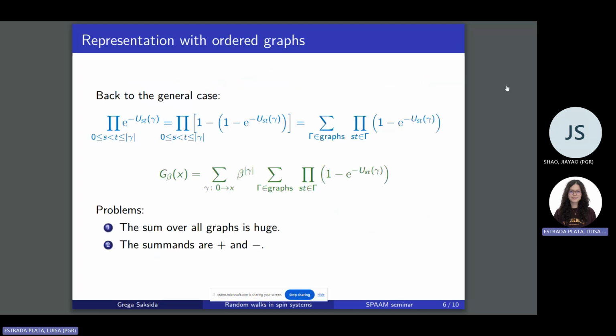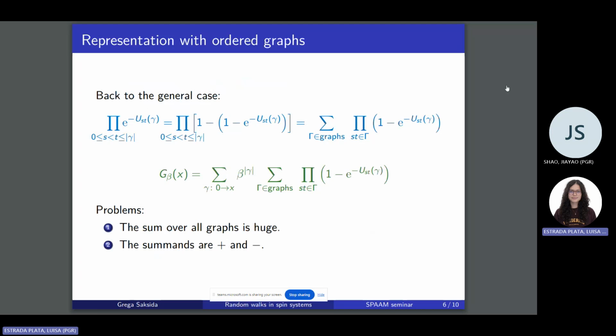Now, of course, if you sum over all the possible graphs, you get back this weight. So you can write this weight as a sum over all of these other graphs. So we plug this back into the original Green's function. Now we're studying this object, which, as we'll see, is promising, but this sum now has 2 main issues. First of all, the sum over all the graphs is huge.